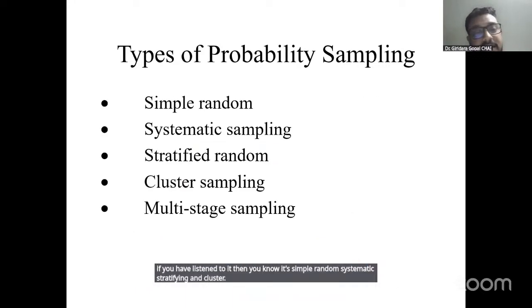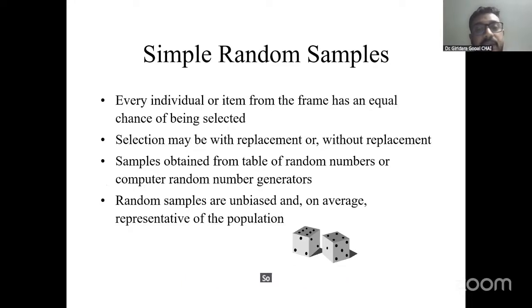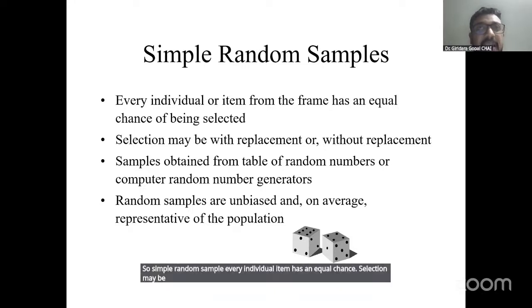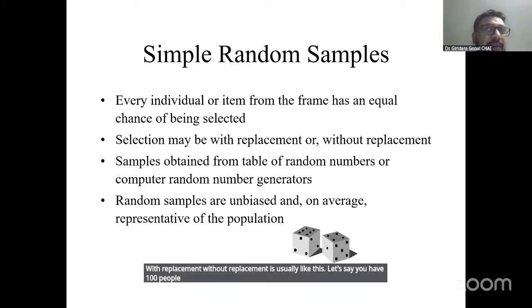And then this is the overall thing that I said. In a simple random sample, every individual or item has an equal chance. Selection may be with or without replacement. Let's say you have 100 people and you want to choose 40 random individuals for the final sample.